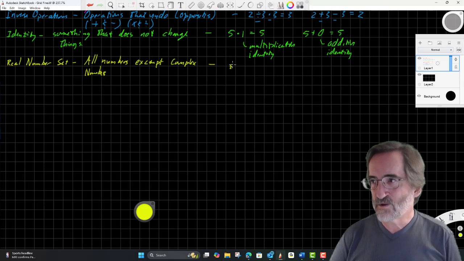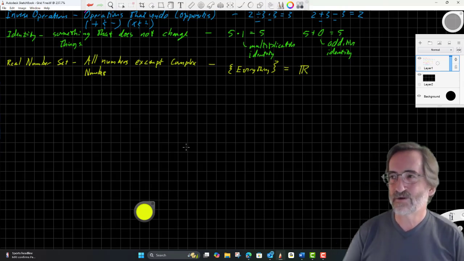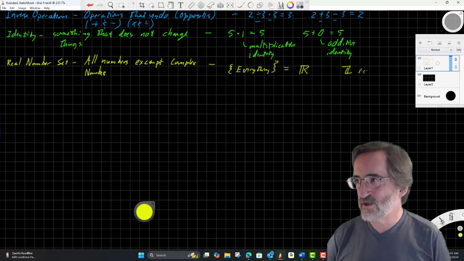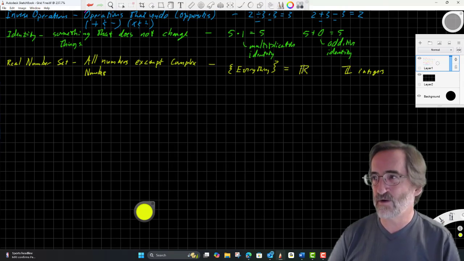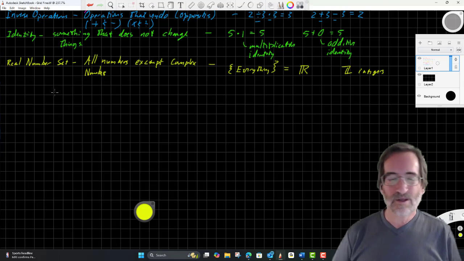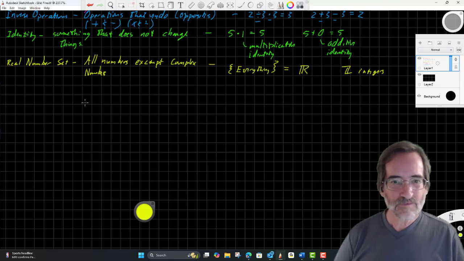And when a solution set is everything, we use the symbol capital R with a kind of fancy twist. That's in relation to this symbol, which is integers. And there are other symbols for other number sets as well, but capital R is the one we need to know for everything. That's when a solution set for an equation is everything. Okay.